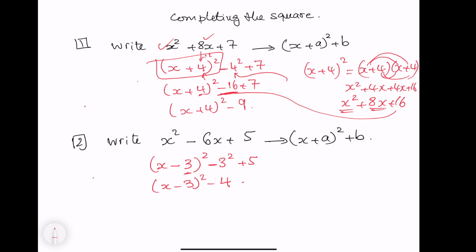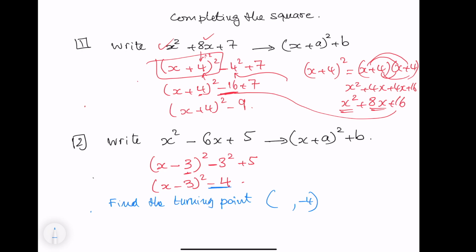Okay? So another question that will always come with this question is you may be asked to find the turning point, you know? Find the turning point of this quadratic equation, yeah? So the coordinates of the turning point are, just copy this number, minus 4 here.